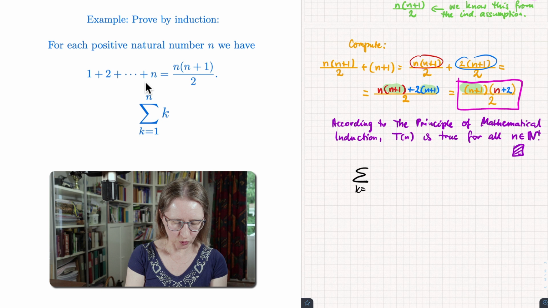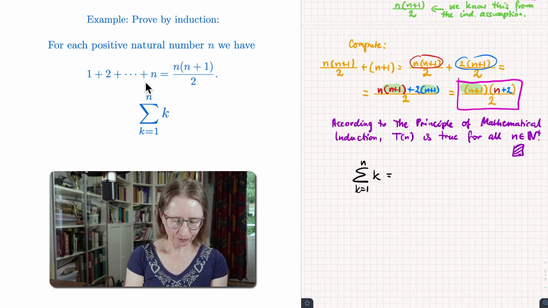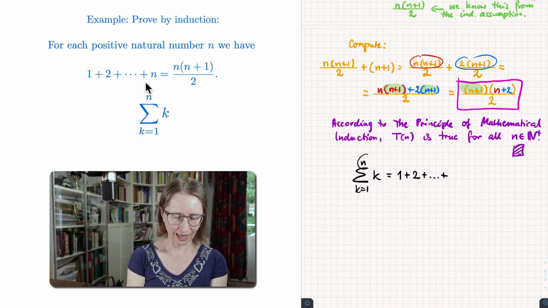And how do we use it? Well, if we have to sum elements which are called k, and k varies from 1 to n, then we write first the first of them. It will be the starting point, it is 1, and then we have to add the next one. The next k after 1 will be 2, then 3, and so on, until the last one, which is n.